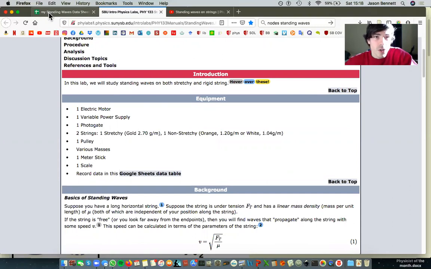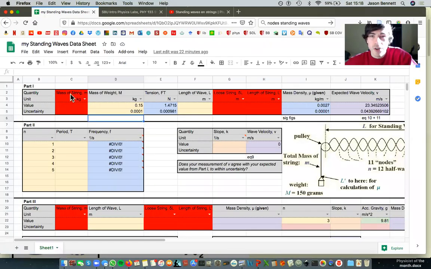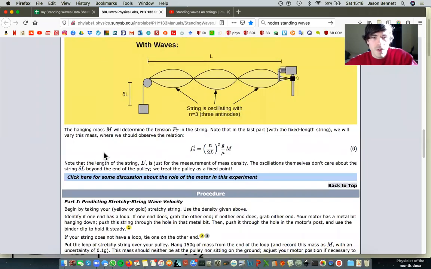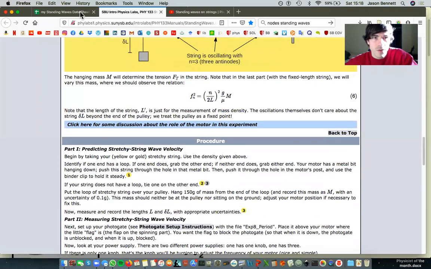And so correspondingly, some of the things that you're going to cross out on your Google Sheet: no more weighing the string. The mass hanging off the thing is given to you. It's 150 grams. Yes, 150 grams.